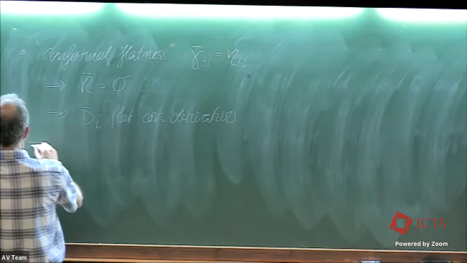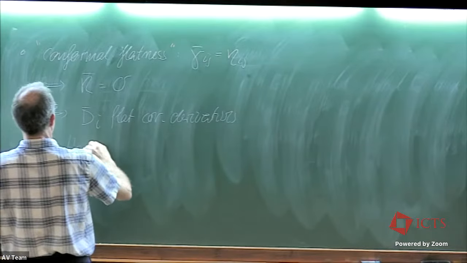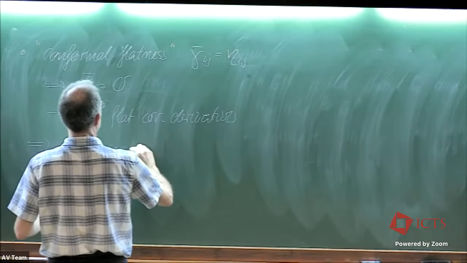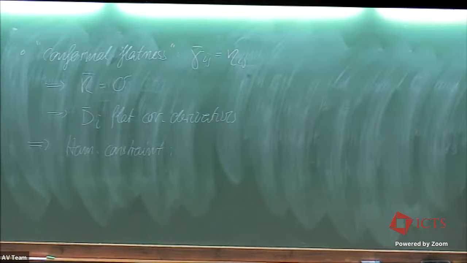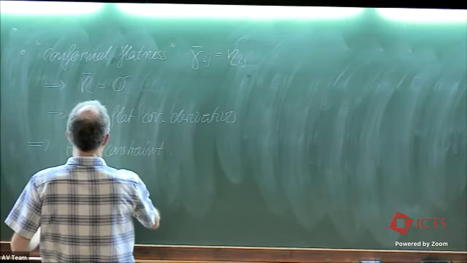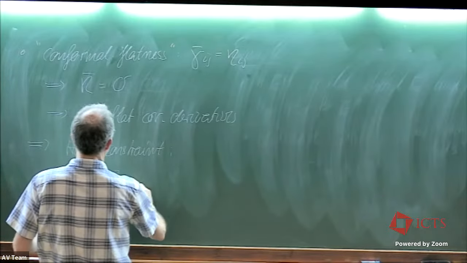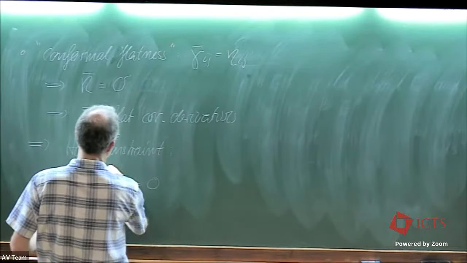So that means that the Hamiltonian constraint reduces to, let's see, this term is gone, these terms are gone, this term is gone, we only have this one left over. Okay, that is lovely, right? So we now have the flat Laplace operator acting on psi equals 0.